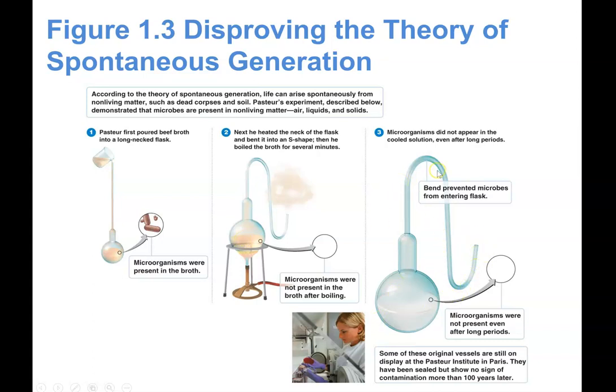Even though it let air in, it didn't let microbes in. With this work, Pasteur basically showed that there are microbes in the air. They can get into substances and contaminate them and grow if they're able to. But if they can't get in because they're blocked, then the substance can remain sterile.